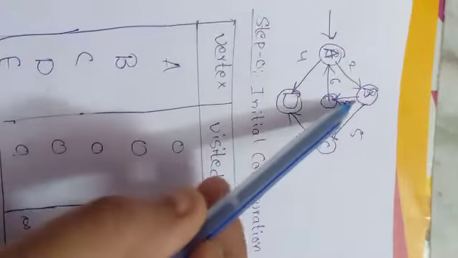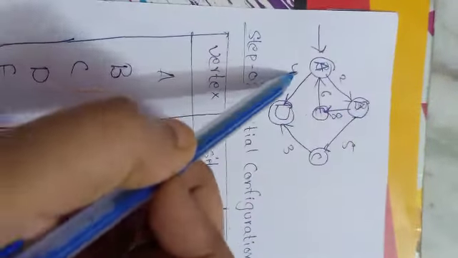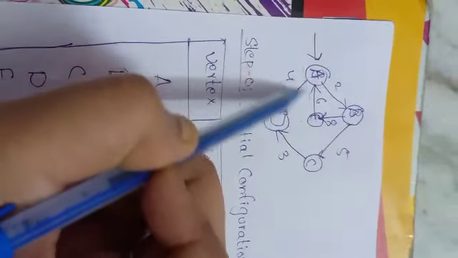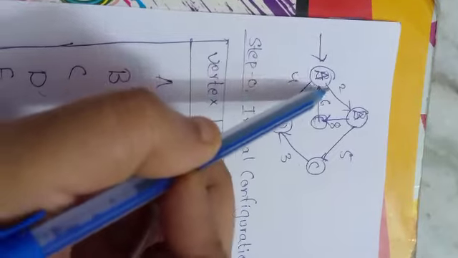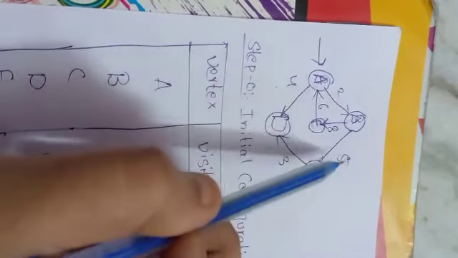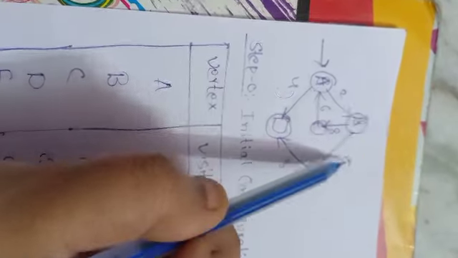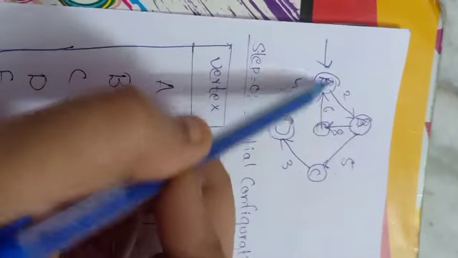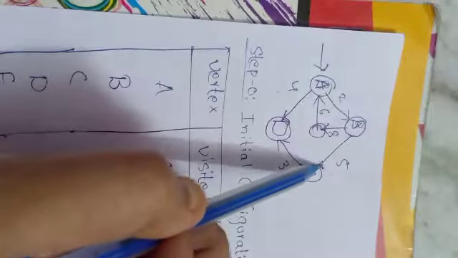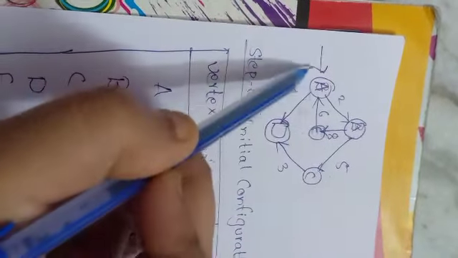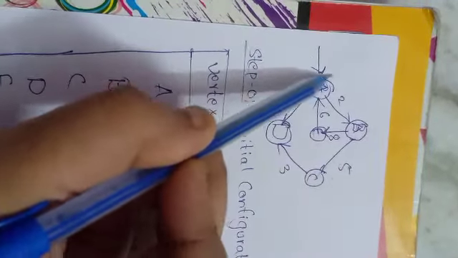For B to C, in this graph we have taken A as the source vertex, so we should calculate from A. So 2 plus 5, this is the shortest path. So we have to calculate 5 plus 2 or 2 plus 5. For this A to C, B to C, we want to take from the source vertex. So we have to write like this: 2 plus 5 equal to 7 from B.